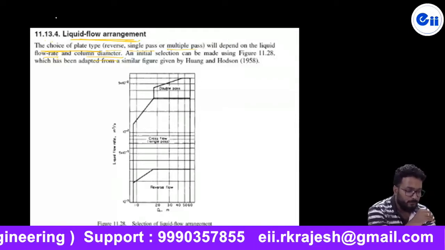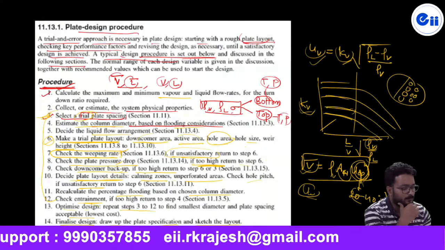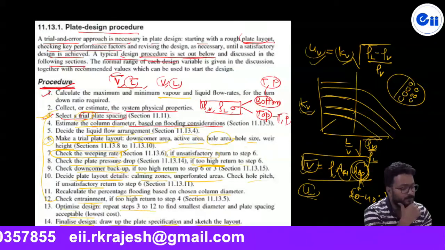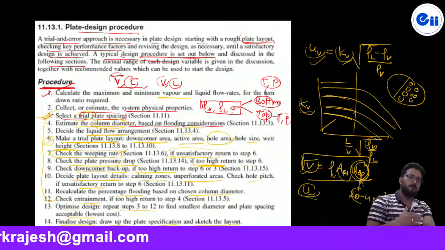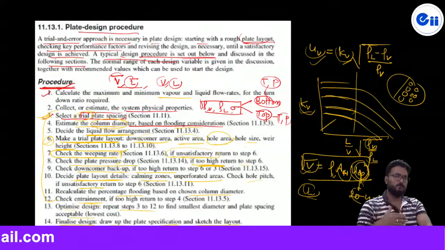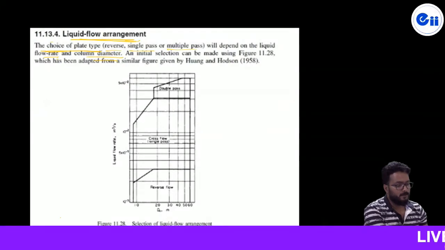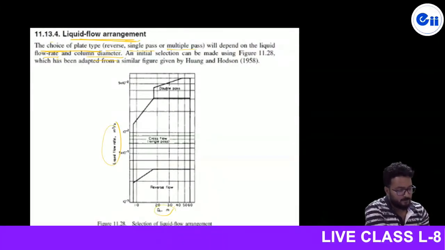So before this, if you see in this slide, the flow arrangements we choose only after finding out the column diameter. Before choosing the arrangement of the flow over the stage, we should first calculate the diameter. The reason is that flow arrangements can only be found by knowing the liquid flow rates as well as the diameter of the column.